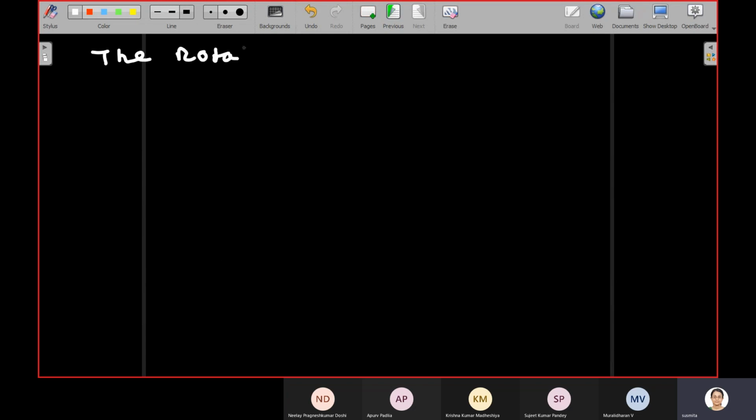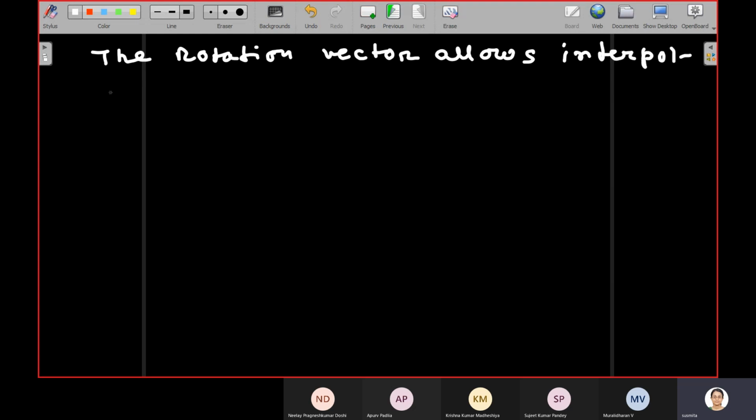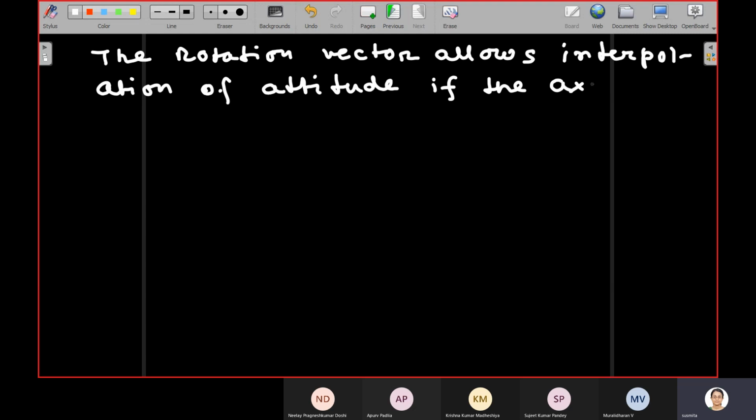Rotation vector allows interpolation of attitude if the axis of rotation is not changed.